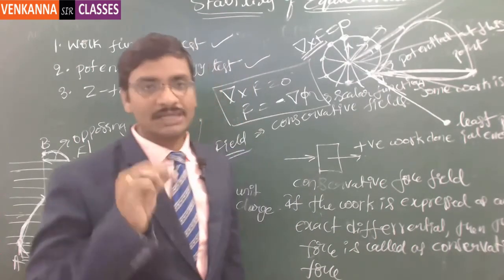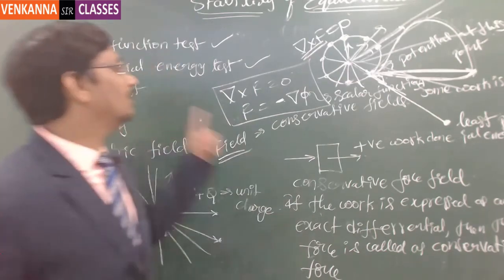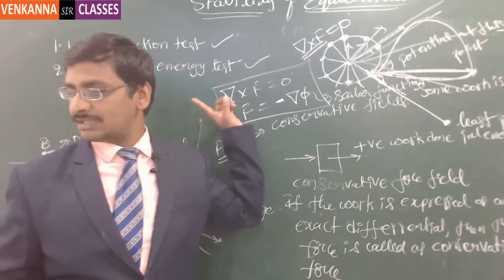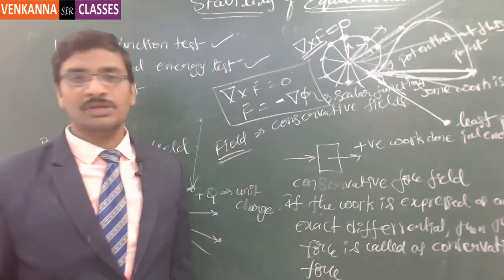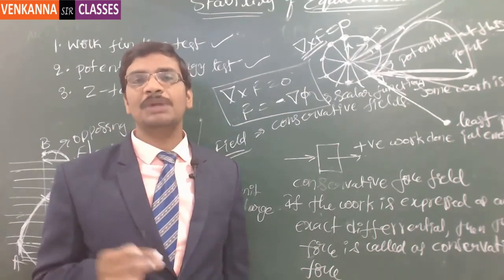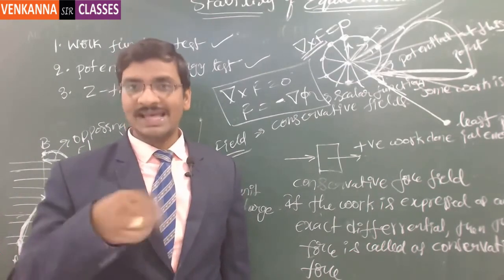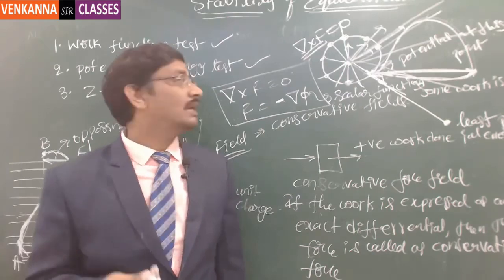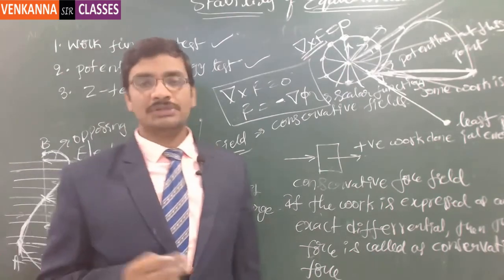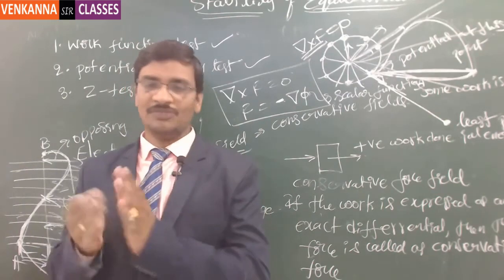Now that important understanding of the least potential energy concept is applicable even for the stability of equilibrium. The equilibrium is stable if the potential energy due to all the forces together comes out to be least. Exactly as the work function and potential energy theory says, whatever work you do will be stored in the form of energy.